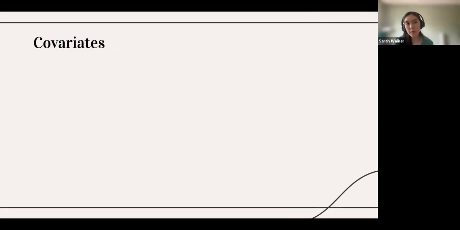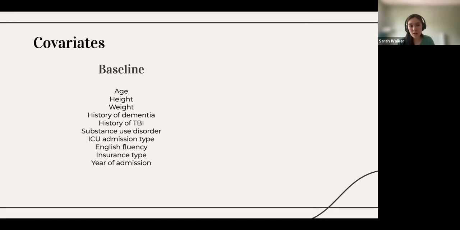So I'm going to talk a little bit about the covariates that we're including. There's quite a few, so I'm not going to go over all of them, but they can generally be categorized into 2 parts. We have baseline factors, and these are ones that don't change over the course of a patient's stay. So for example, age, English fluency, or insurance type.